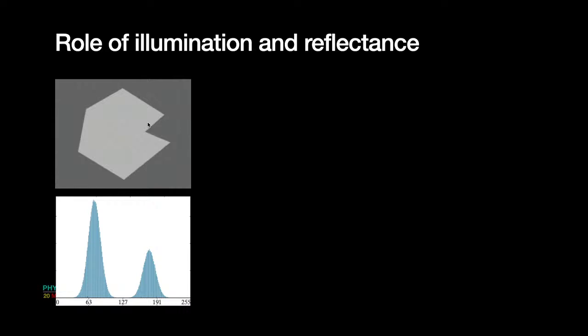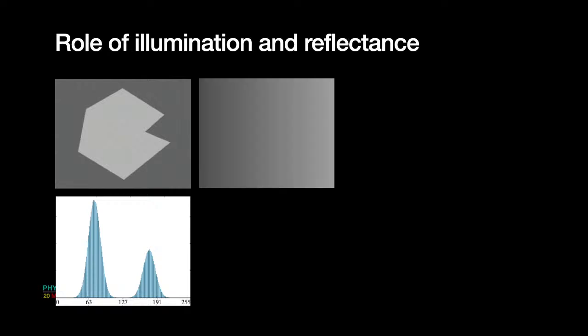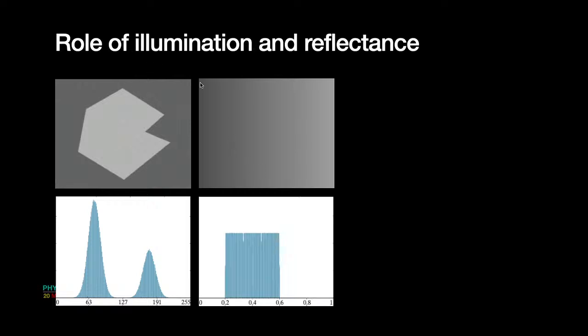The role of illumination and reflectance, again, is a very important thing. This is an image with a little bit of noise, as we have seen. This is the histogram. But suppose the illumination or reflectance, any of the two, is not uniform. Here, this image gets an illumination which starts from some gray, goes toward darker gray and then towards lighter gray.